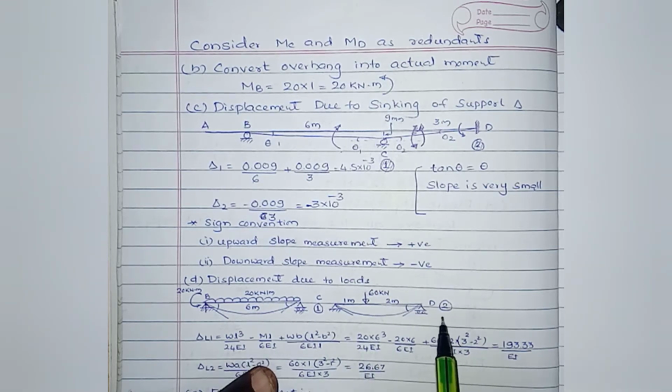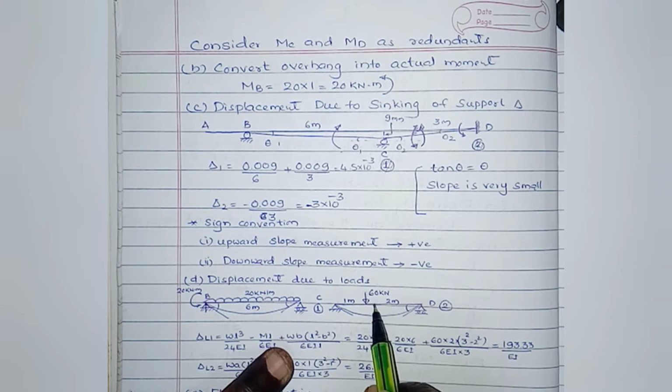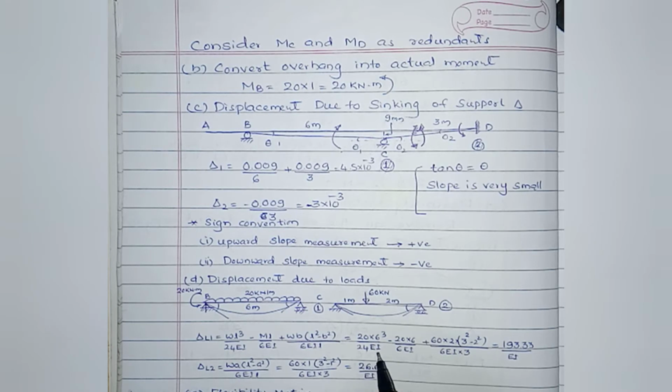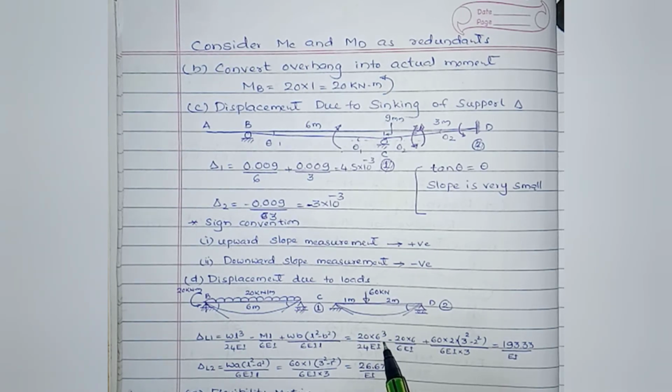In span CD, here it is subjected to point load of 60 kilonewton. Here WB into L square minus B square divided by 6 EIL. That equals, by substituting the values of the loads, W is 20, L cube, that is 6 cube divided by 24 EI.